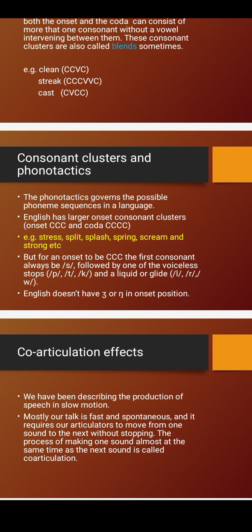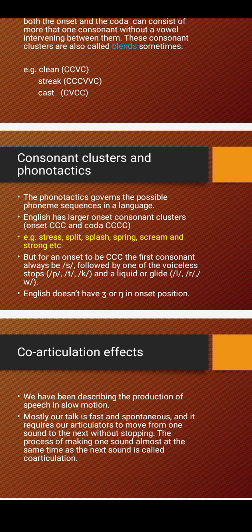The phonotactics of English also restrict us from using 3 consonants coming together with one more condition. The first consonant of this formation is always an S, which must be followed either by P, T, or K, which are all voiceless stops.